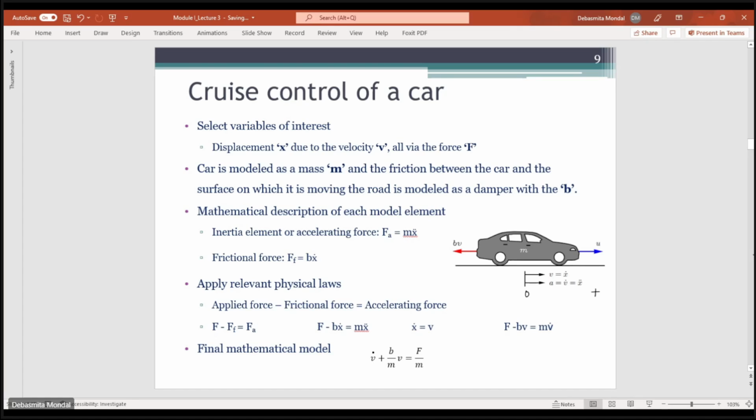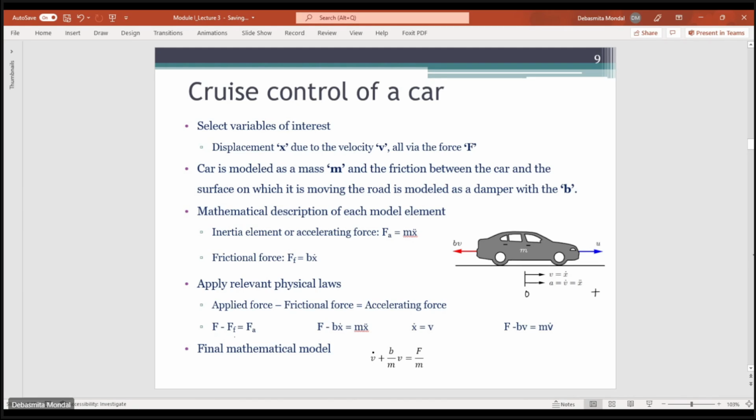Let us say the accelerating force is Fa, so Fa is equal to m x double dot, the applied force is F, and the frictional force is Ff. So the applied force minus the frictional force will be equal to the accelerating force. Now if you substitute the values of the frictional force and accelerating force, the equation will look like F minus B x dot equals m x double dot.